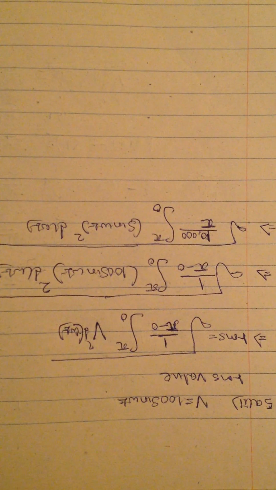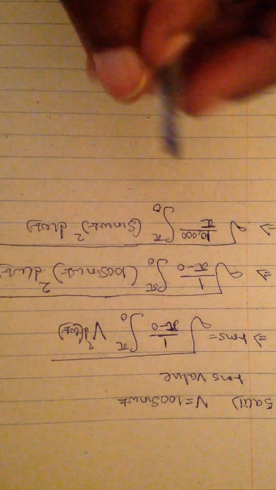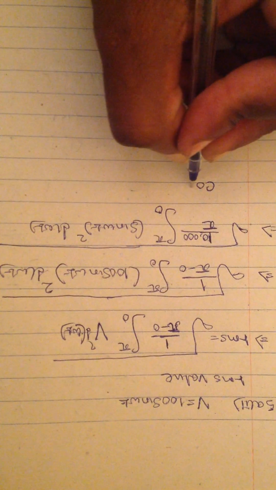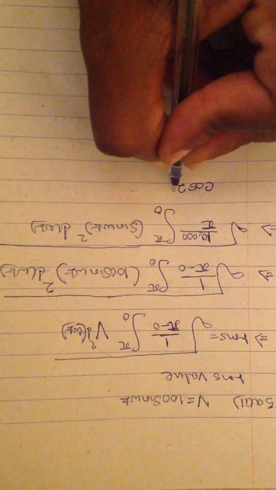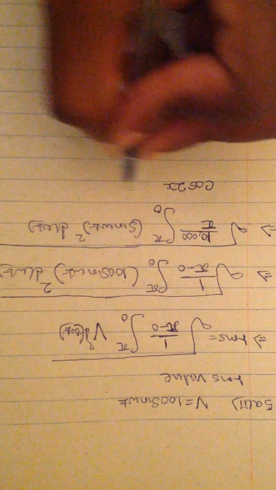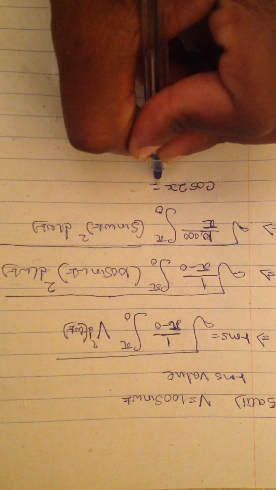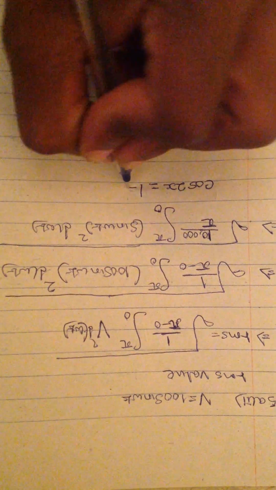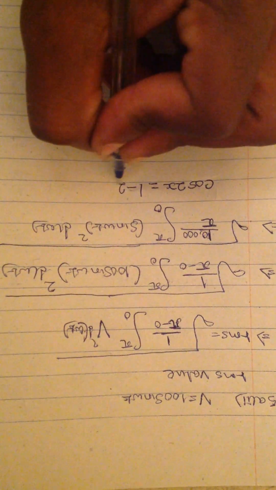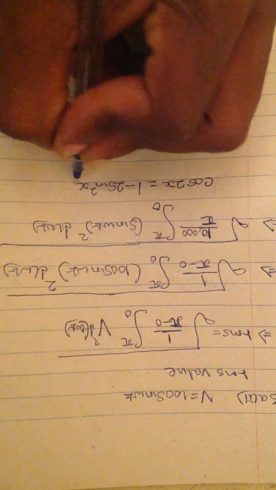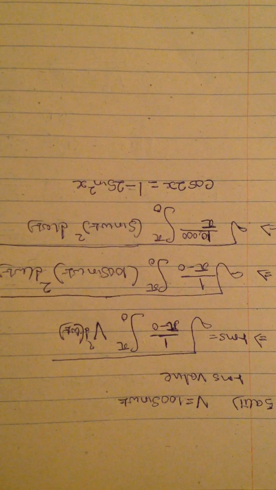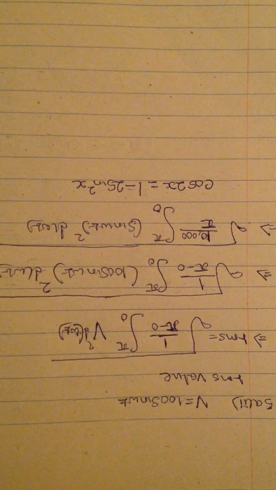But there is this identity I'm interested in, which says that cos 2x is equal to 1 minus 2 sine squared x. This is also an identity.